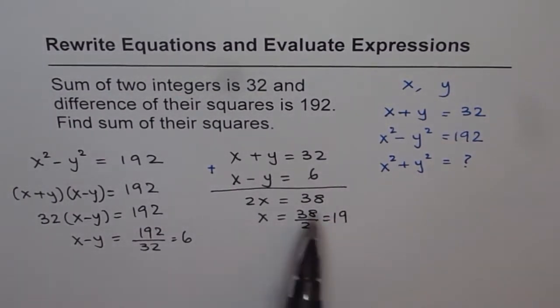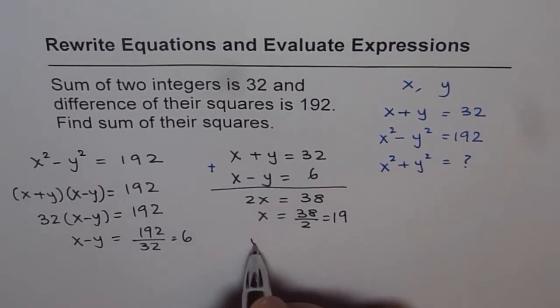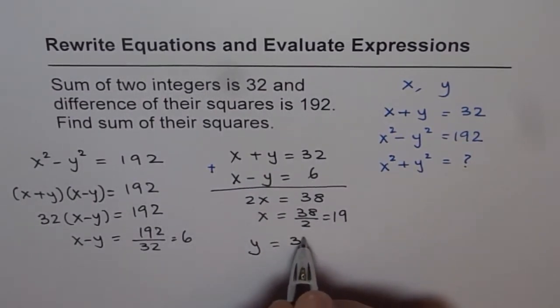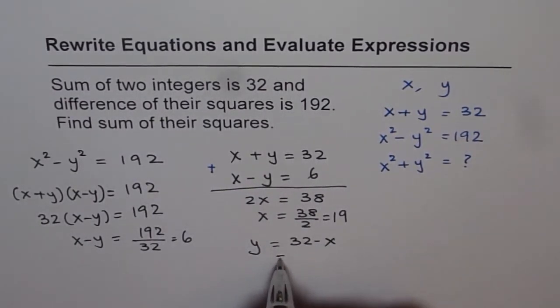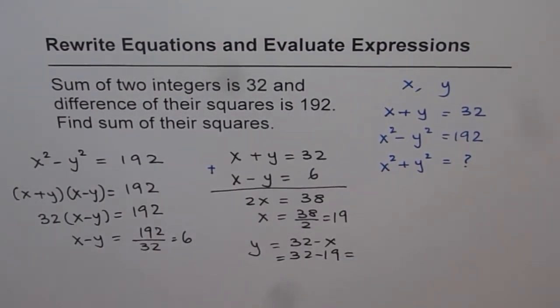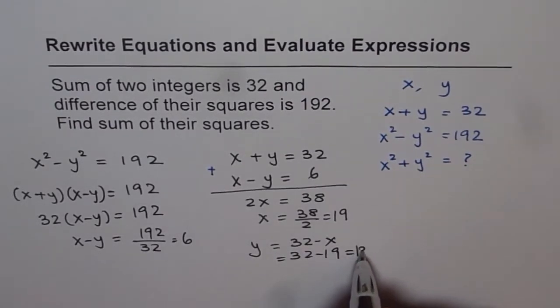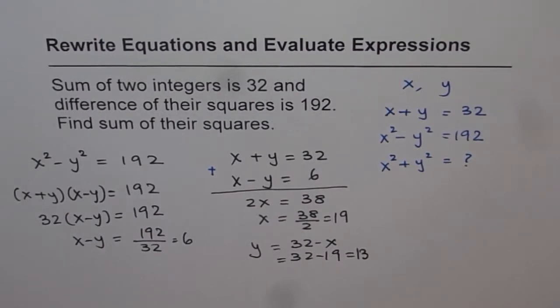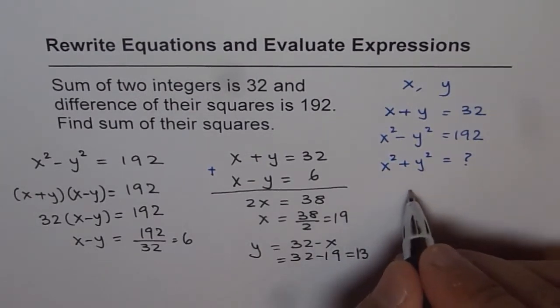Now if x is 19, what is y equal to? We can say y is equal to 32 minus x, which is 32 minus 19, and it is equal to 13. So we get the value of y. Now since we know what x and y are, we can find x square plus y square.